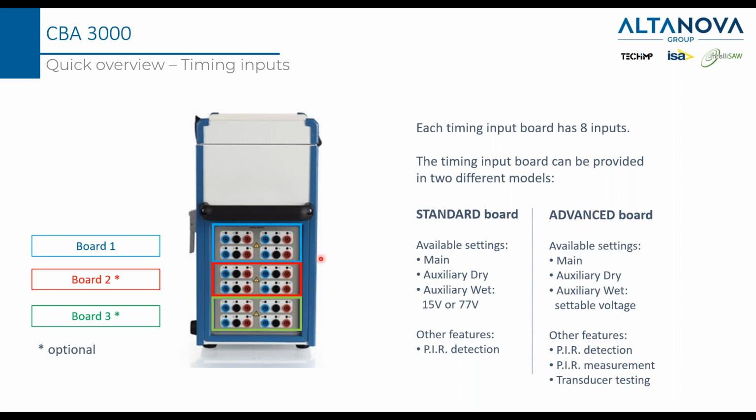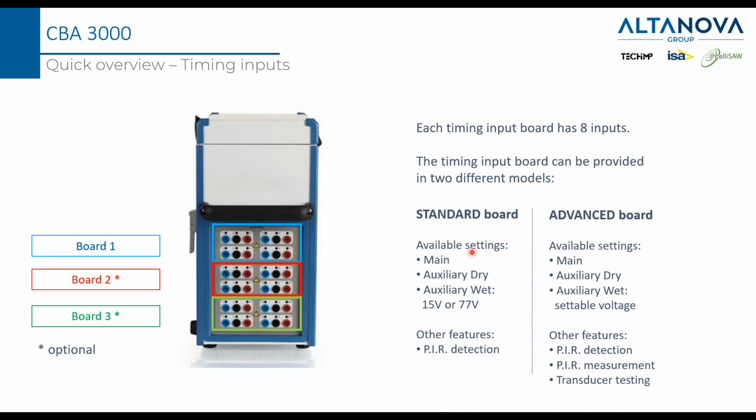It is made by a section dedicated to the timing inputs, made up to 24 inputs, divided in 3 boards. Each one is made of 8 inputs. The minimum is 1 board, but you can add 2 other cards. So it can be 8, 16, or 24 inputs.